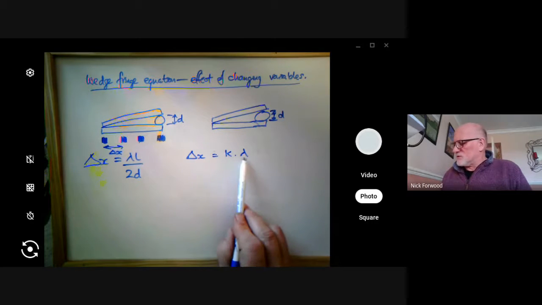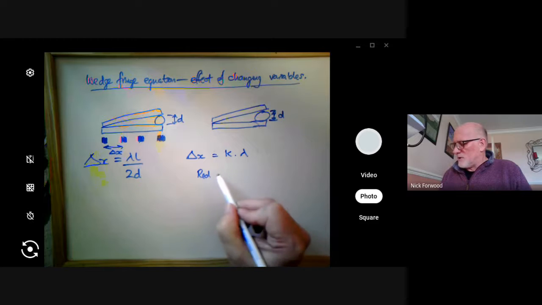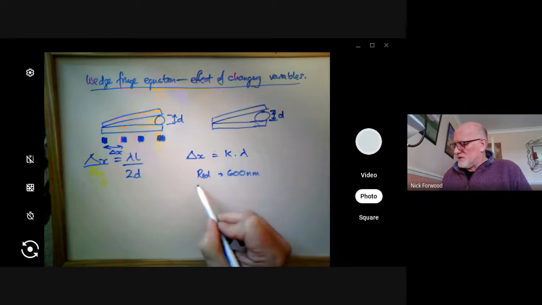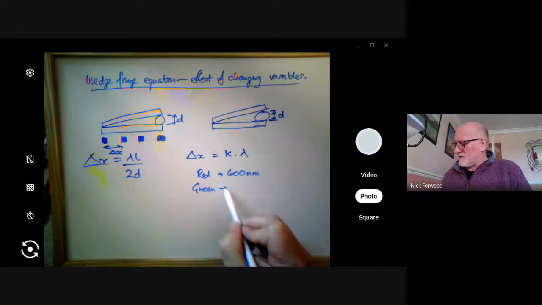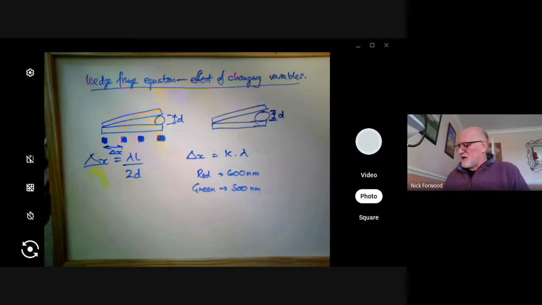Now, what sort of light has a bigger wavelength? Well, for instance, red light has a wavelength way up in the 600 nanometer range, whereas green light has a wavelength of somewhere near 500. I'm just picking these numbers out. You can find exact numbers on the, not the formula sheet, but on the data sheet. And when you get right down to blue light, it has a much smaller wavelength.